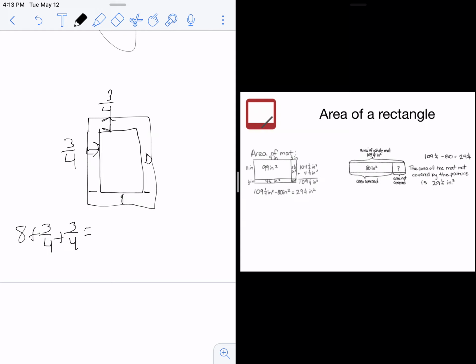3/4 plus 3/4 equals 6/4, and 4/4 is 1 and 1/2. So that's how they get 8 plus 1.5, which equals 9.5. And then we have 10 plus 3/4 plus 3/4.